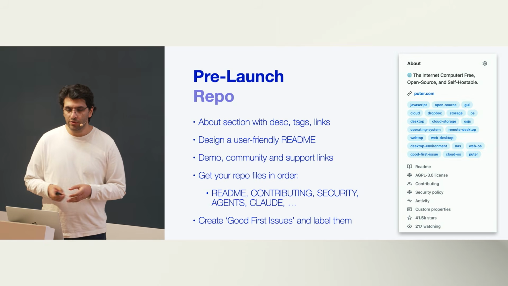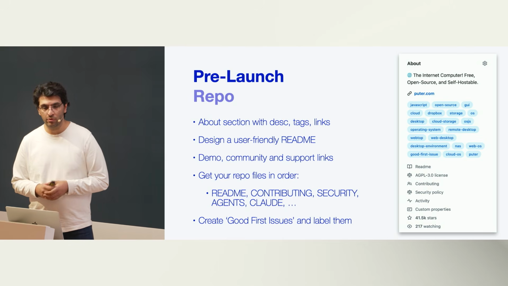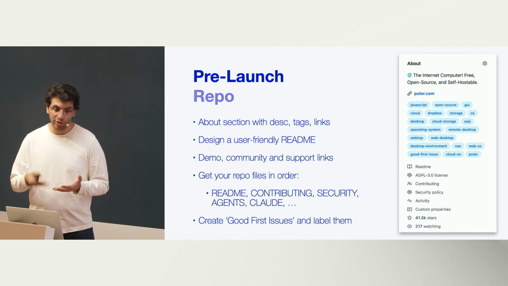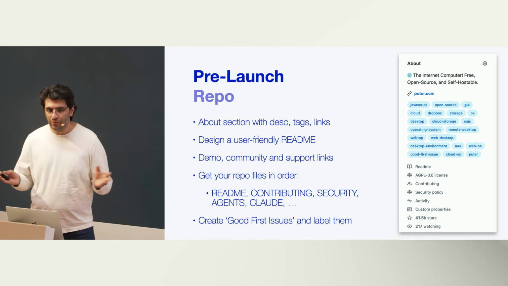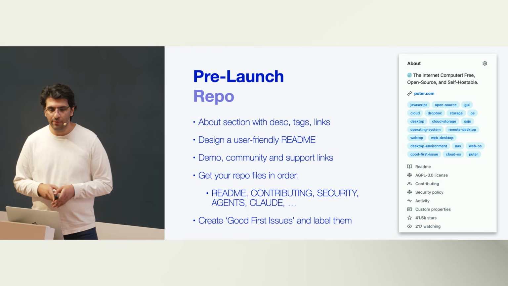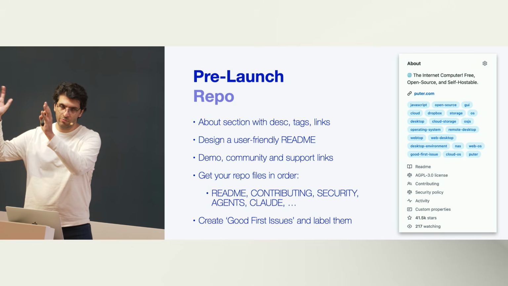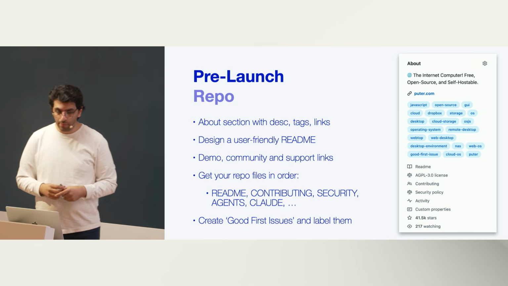So once your code is ready, you also want to make your repo attractive. There is some housekeeping when it comes to your repository so that it looks good and professional, and it is actually good and professional. One really low-hanging fruit is the About section for your repository, just the right-hand sidebar on your GitHub repo.